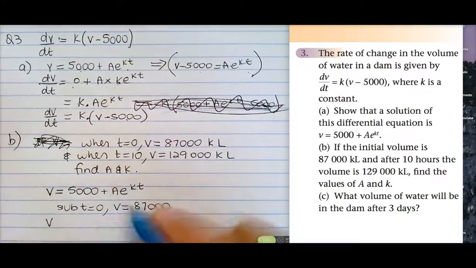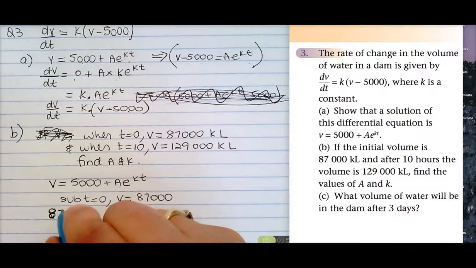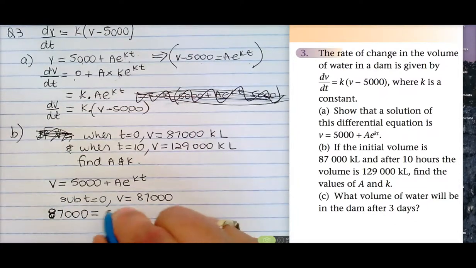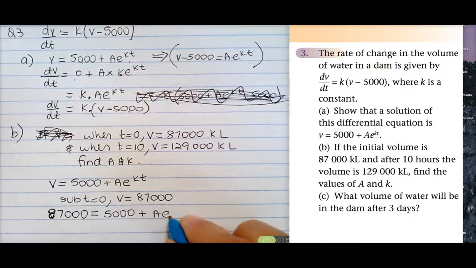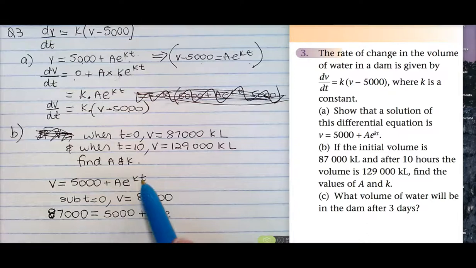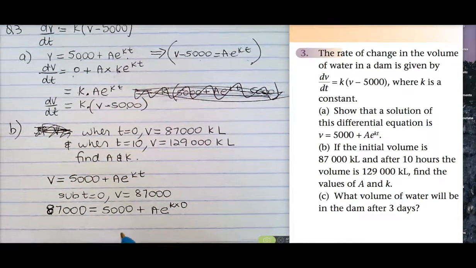And you get 87,000 equals 5,000 plus AE to the K times 0. So therefore, what do you think we do now?